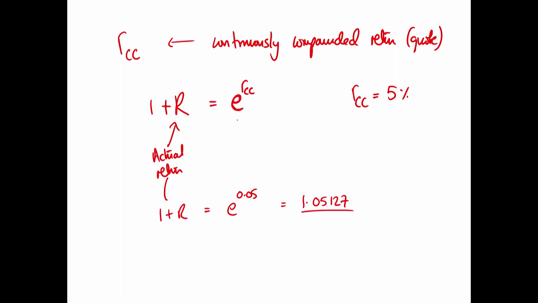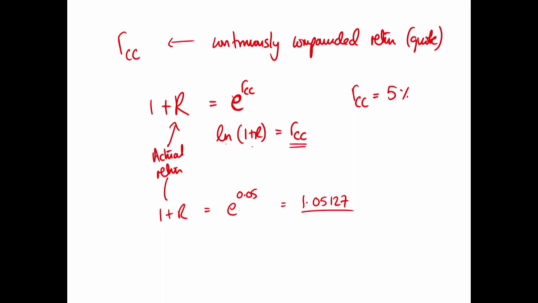If I take the logarithm of both sides, I'll turn this into the logarithm of 1 plus r is equal to RCC. There you go. Don't forget, the opposite of the exponential function is the logarithm function. So if the logarithm crops up on the left, that's fine, as long as it crops up on the right. Well, the logarithm and the exponential kind of eat each other. You'll just end up with the continuously compounded rate.